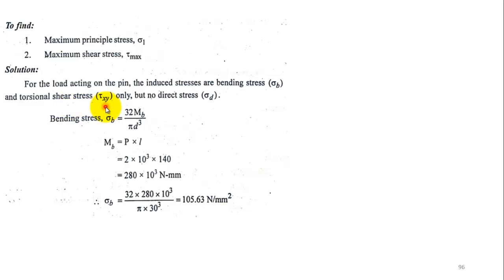If you see in this problem, you can use these formulas. Sigma b, you already know, the bending stress formula, similar to the formula which you have used already, 32 by pi d cube into Mb.